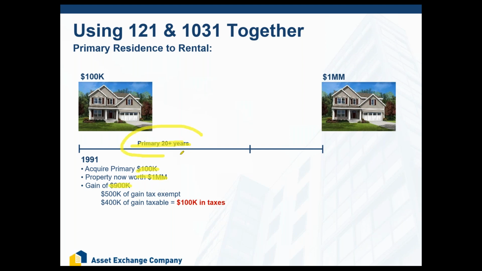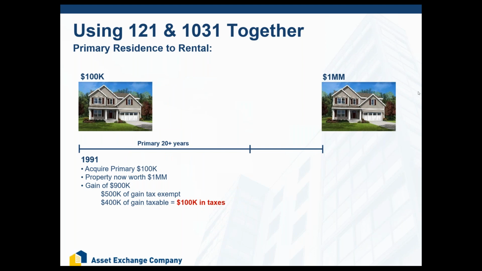If we sell this home, we get to take our homeowner's exemption, but guess what? We have too much gain because only $500,000 for married couples can be exempt. The problem is that leaves us with excess gain of $400,000 that's going to be taxable. So you sell your highly appreciated primary residence in this situation and you owe $100,000 in taxes.